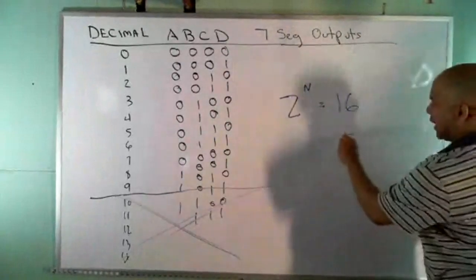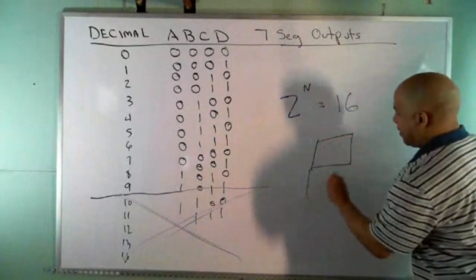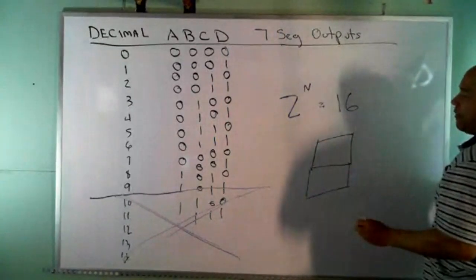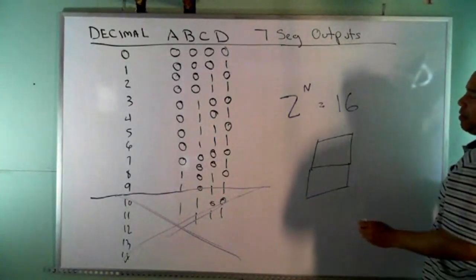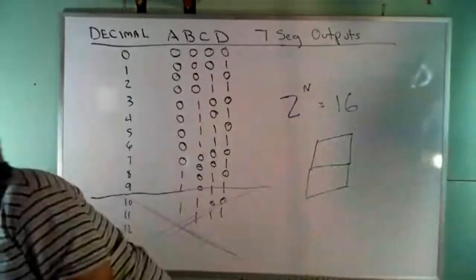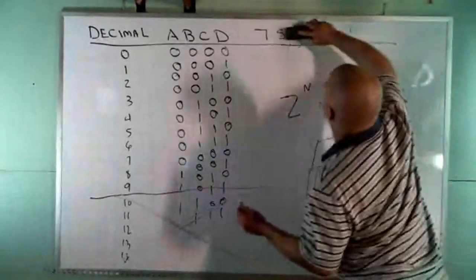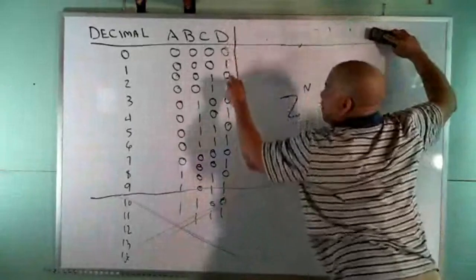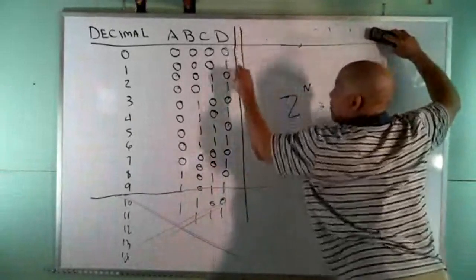You look at that 7 segment display and figure out, if I want a 0, which one of these lights up. I guess I should put the outputs up here. So these are the outputs on the right of this.